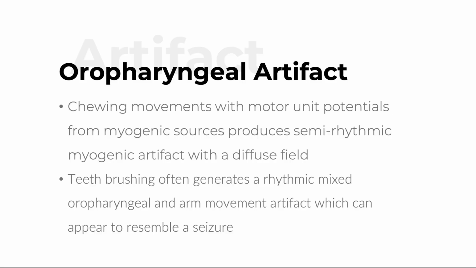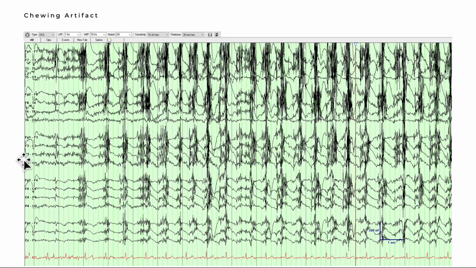Oropharyngeal artifact, or chewing movements, this sort of thing. Tongue, teeth brushing can often generate rhythmic artifact and can be confusing, especially if over-filtered. So it can look like this. This is a typical example of chewing artifact, and you're going to see it can look rhythmic actually, but you probably recognize based on the other awake EEG lecture that this is myogenic artifact, from the masseter muscles and facial muscles, and probably hard to mistake as abnormal.